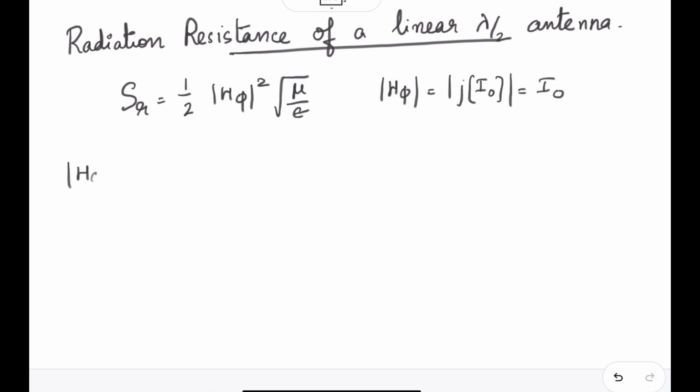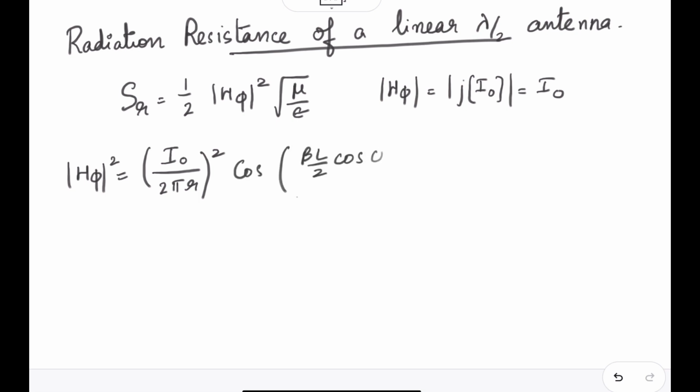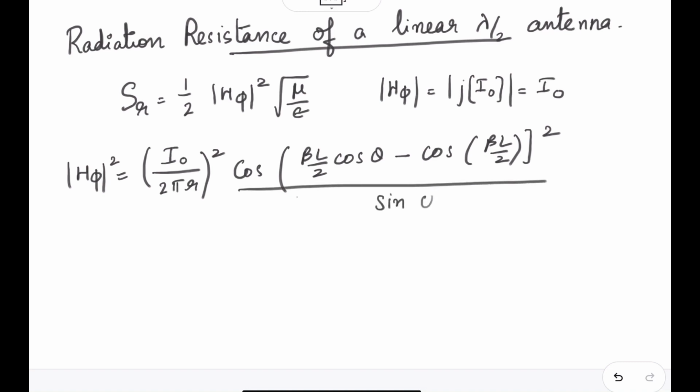So h phi square can be written as I naught by 2 pi r the whole square into cos of beta L by 2 cos theta minus cos of beta L by 2 the whole square divided by sin theta.